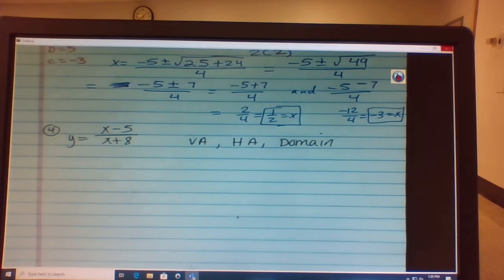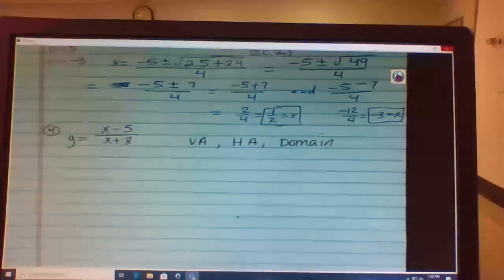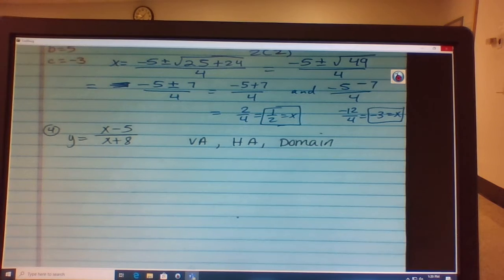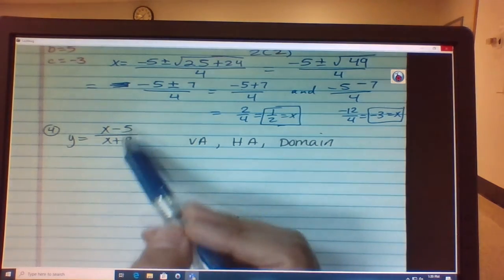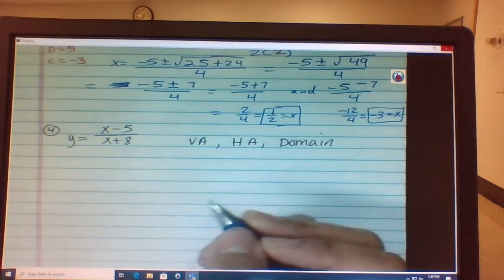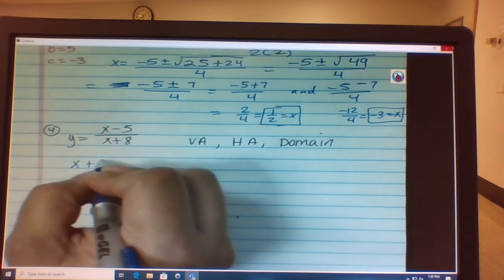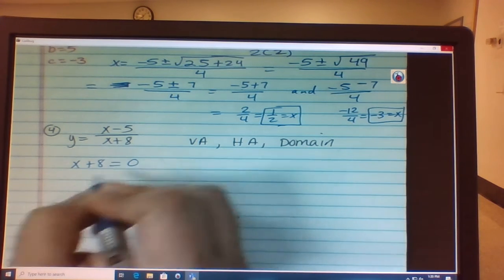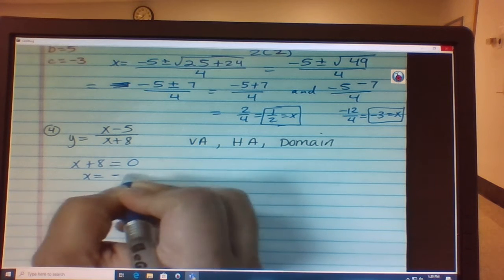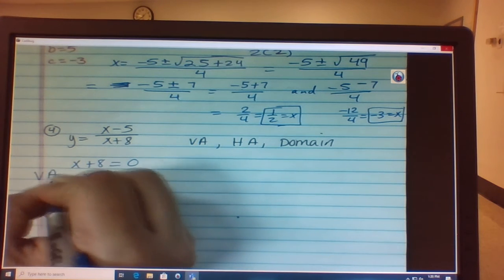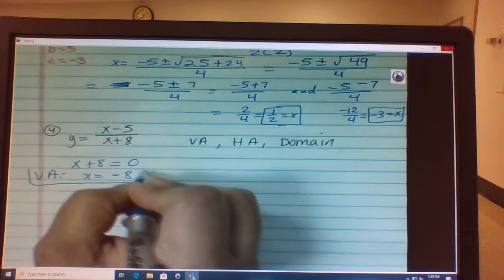For your vertical asymptote, which part am I looking at? The bottom. So I set it equal to 0, and I get x equals -8. This is your vertical asymptote right away. That is it.